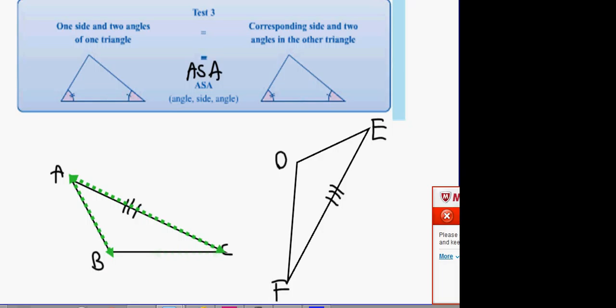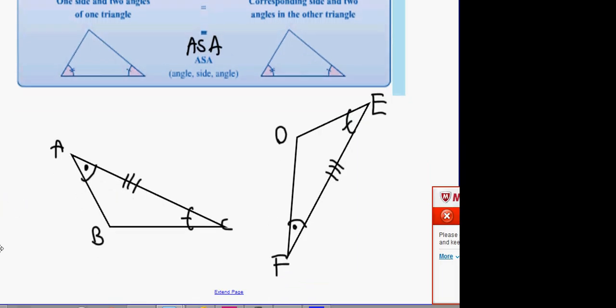So what I need to be told is that this angle here is the same size as this angle here. The same sign means they're the same angle. And then I can be told that this one here is the same as this one here. Do I have enough information now to show that they are congruent? Yes, I do, because I have this angle, the side that comes in between it, and the other angle.